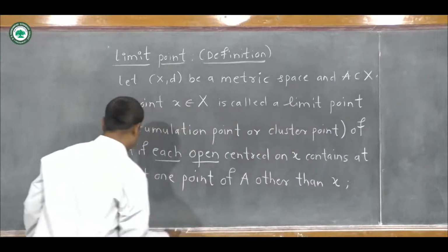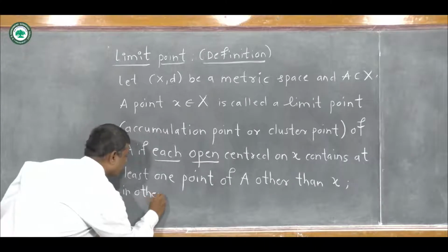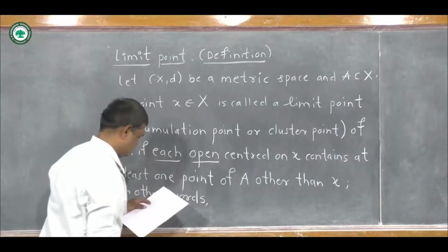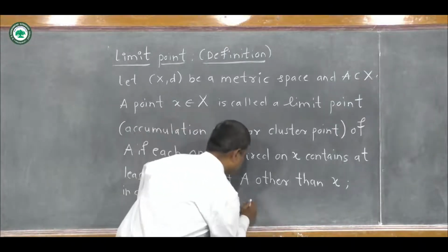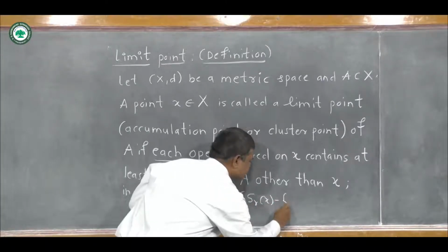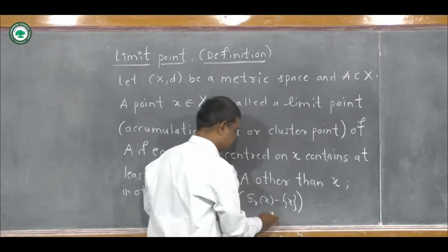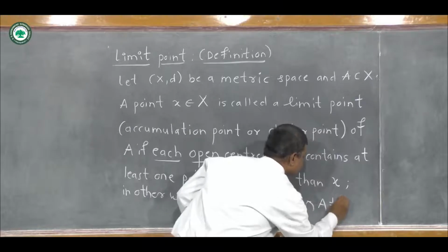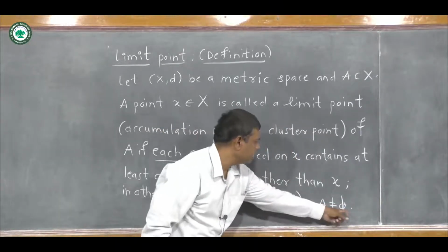In other words, if the open sphere S_r(x) minus singleton x, that is this open sphere, intersection with A is always non-empty.